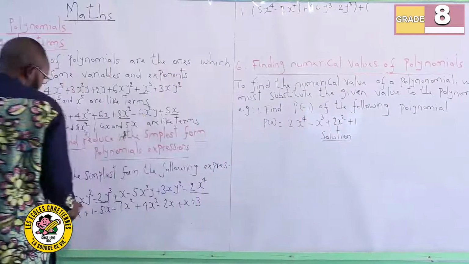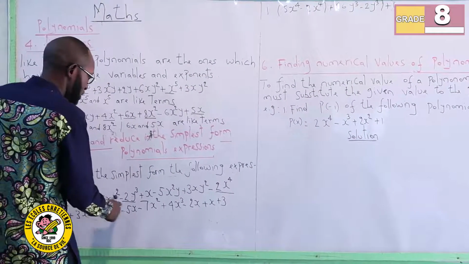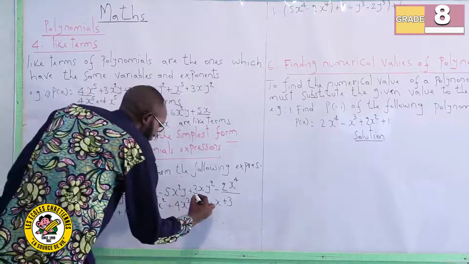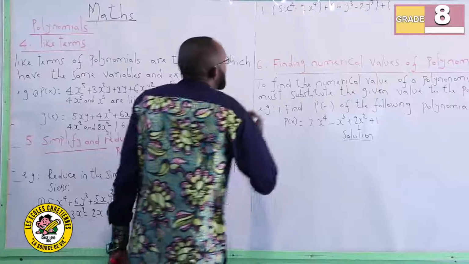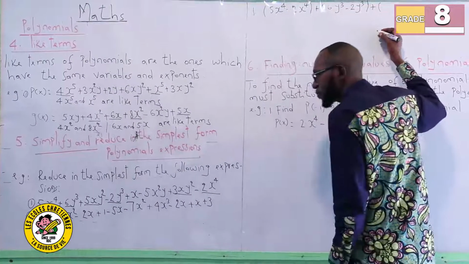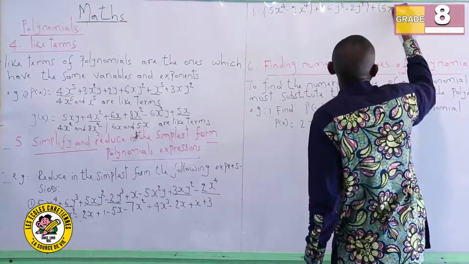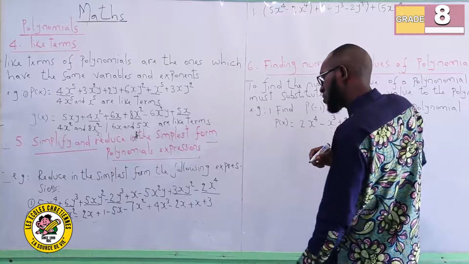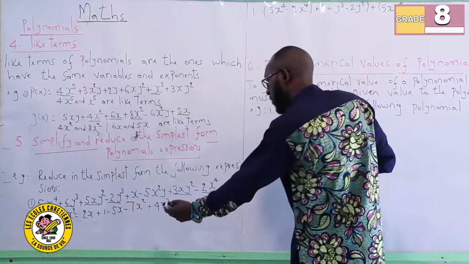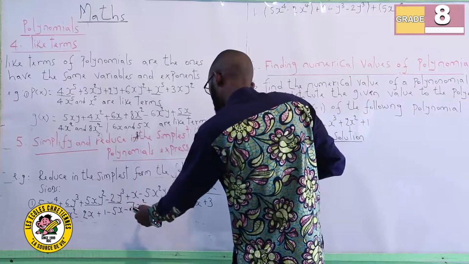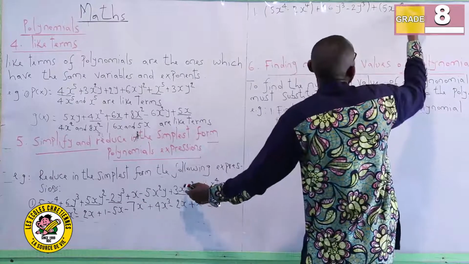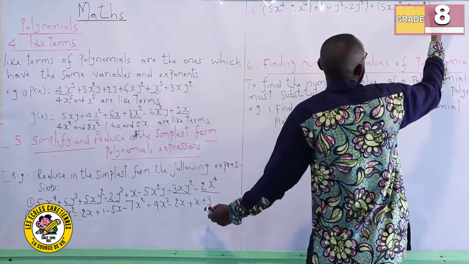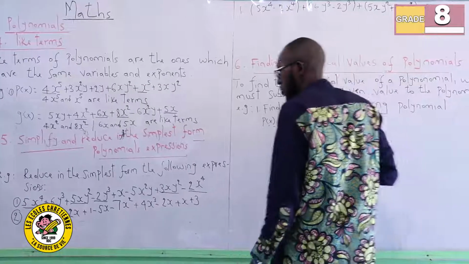Apart from this, xy squared. Here, very good. We collect this and this. So we will have 5xy squared plus 3xy squared. Plus, we continue.